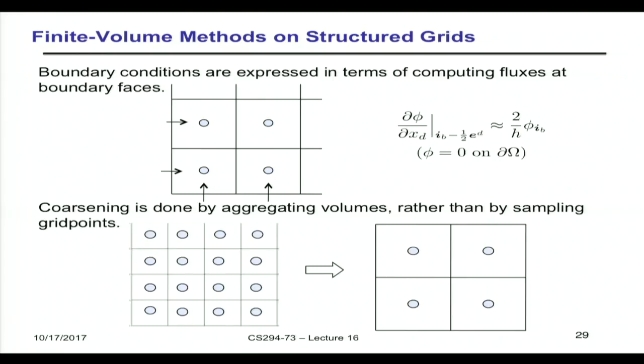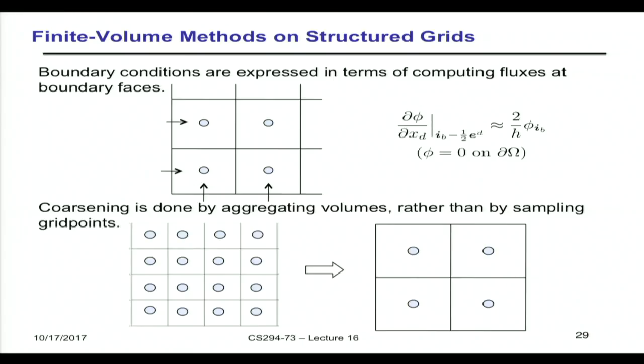And then if you think about what it is to coarsen these 8 cells, it's basically merging 4 cells at a time, but we're merging their volumes. So if each of them had a different value, it doesn't matter. We're just going to add them all together, and that would be effectively the value at the coarse level. And because we're dealing with average quantities, we would just divide by the coarse volume, and we're back to where we were.